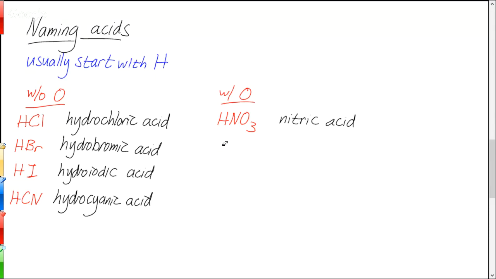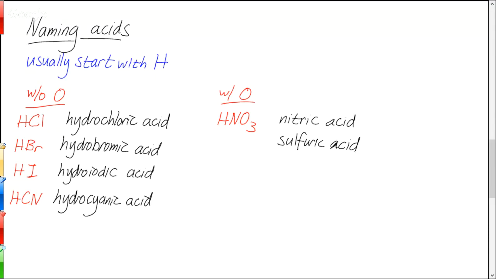Let's go the other way here. So if we had sulfuric acid, how would we figure out the formula for that? Right, so we first have to think about what ion it would come from.